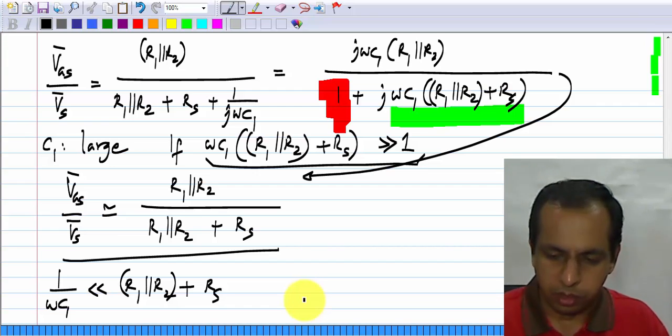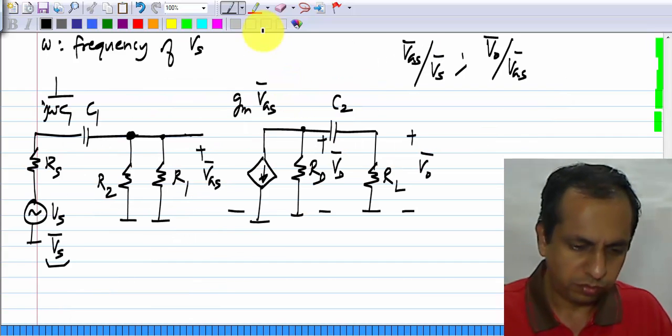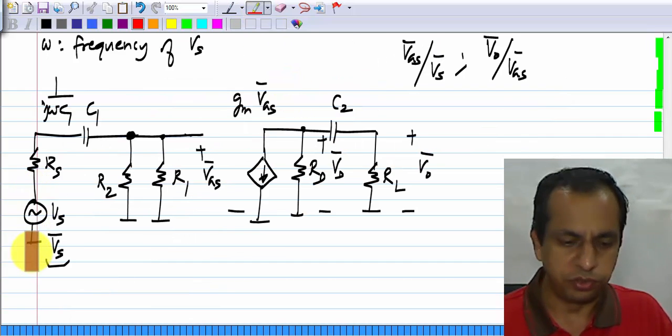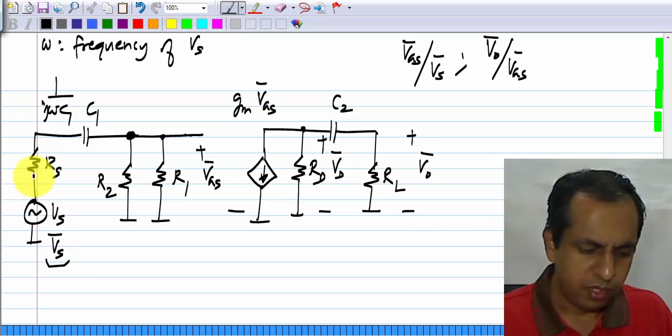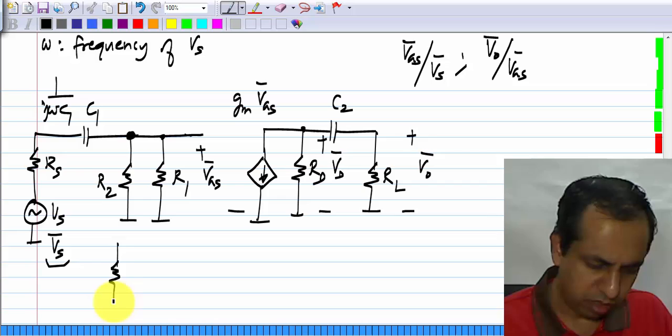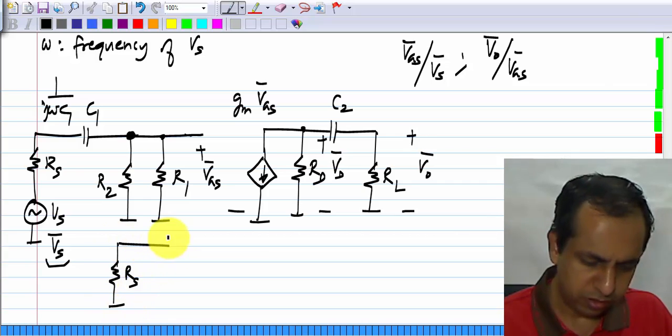And what does it mean in terms of the circuit? If I reduce this Vs to 0, that is, when the input to the circuit is nulled, this is the circuit we have.